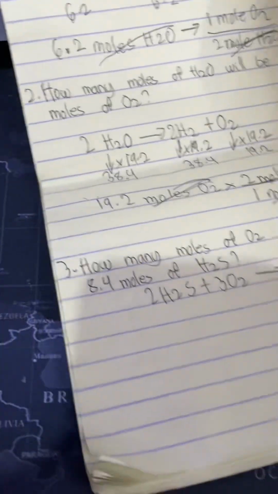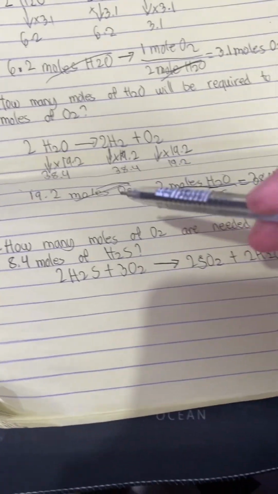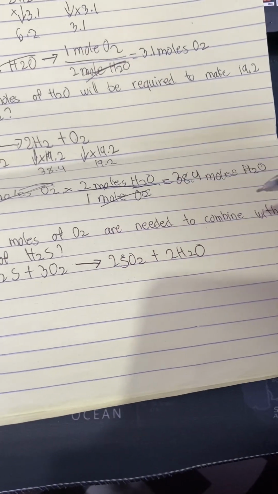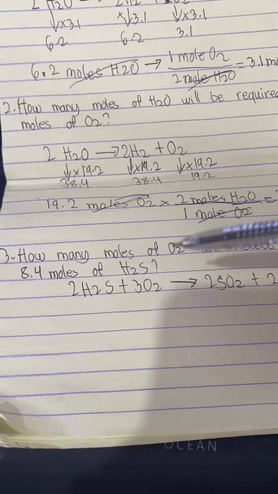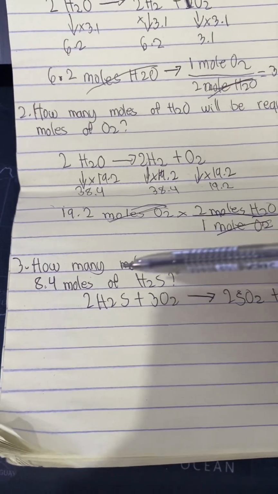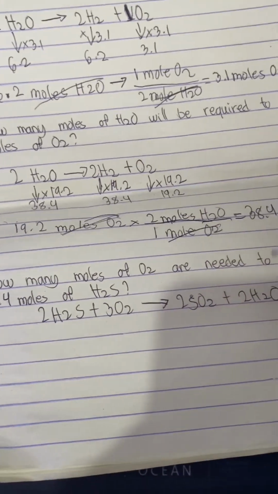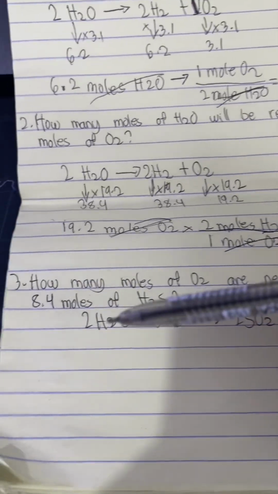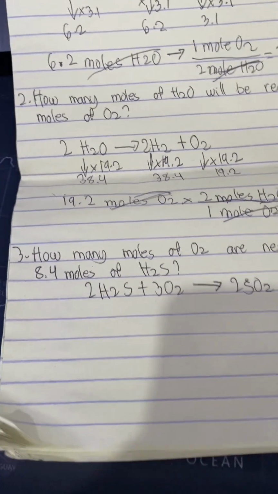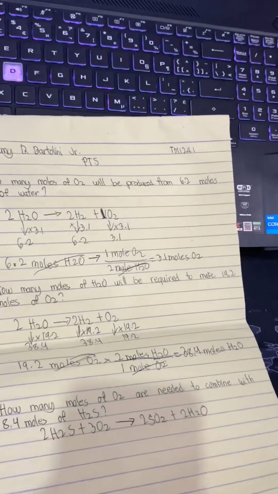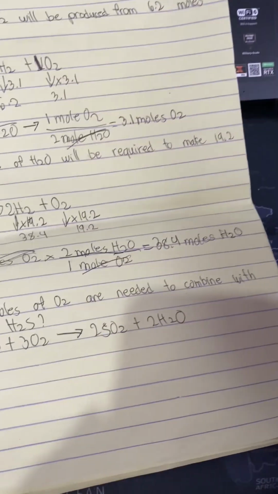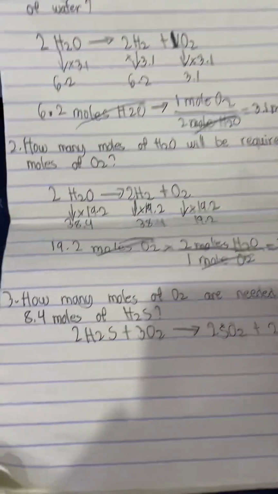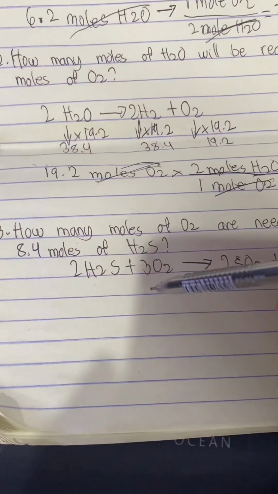That's it. Next, we'll proceed to sample number 3. How many moles of oxygen are needed to combine with 8.4 moles of H2S? So what are we going to do is find half of 8.4, and then times it here and here.